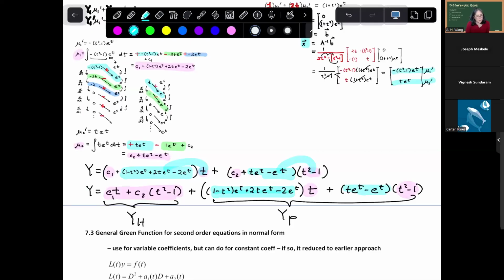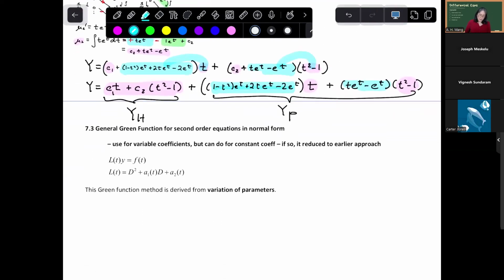Just remember, for this course, at least on a test, all you need to worry about is if it's not doable by method of undetermined coefficients or key identity, then you can use the method of variation of parameters. Now you can do the general Green function for second order equations in normal form. It is basically variation of parameters, but written out with a formula.